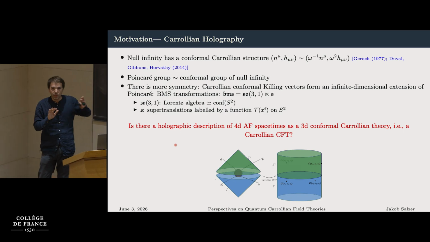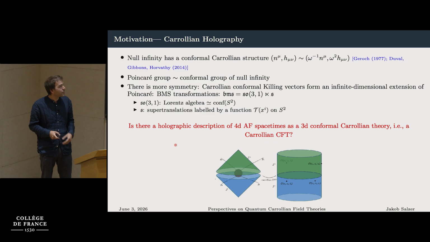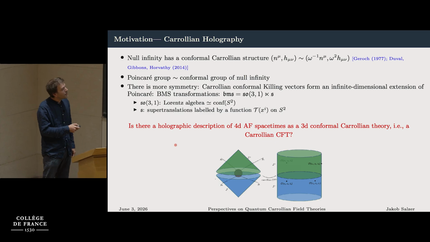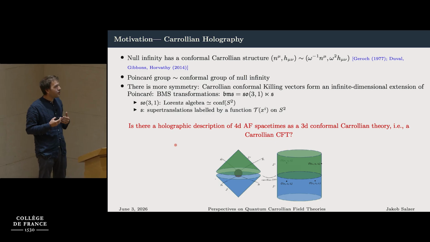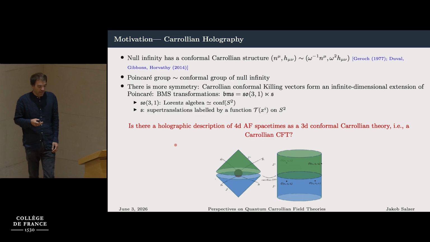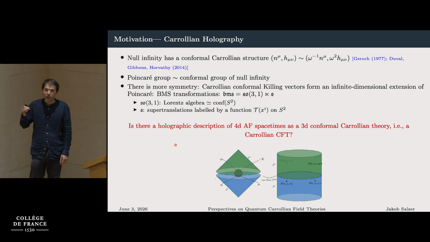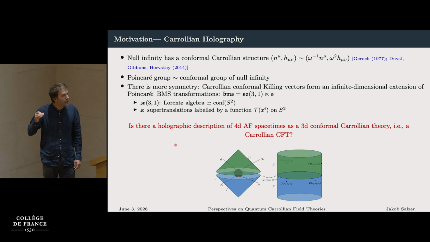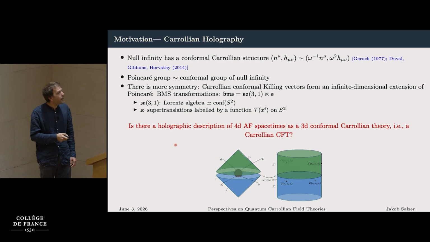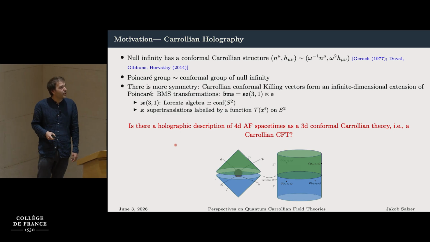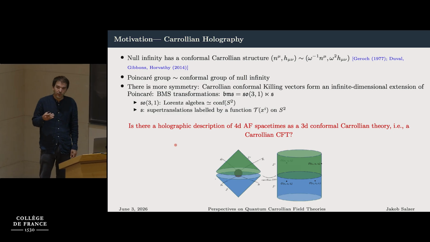So the situation is completely analogous here. So there's this suggestion, this idea: is there a holographic description of 4D asymptotically flat spacetimes in terms of a conformal 3D Carrollian theory that couples to this boundary, to this structure, which means that it should be a Carrollian conformal field theory?